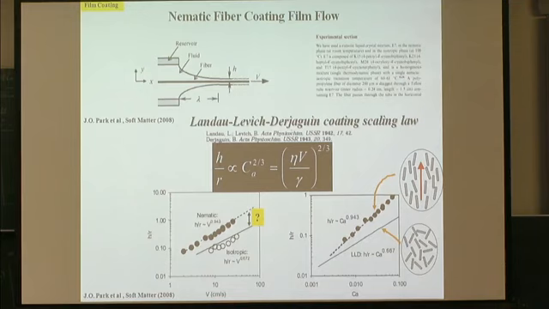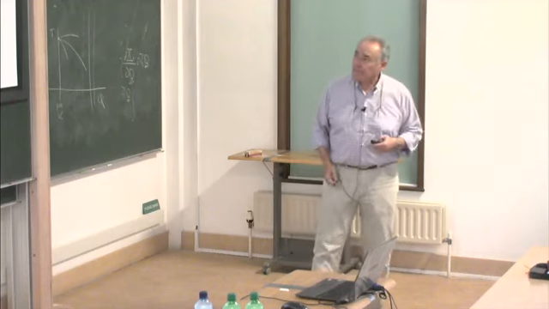This is what my colleagues at Georgia Tech find in the isotropic phase. They have 2/3 scaling, H over R scales with Ca to the 2/3, as indicated by the experimental data. Then at lower temperature, when the optic axis emerges, the scaling is capillary number to the first power.